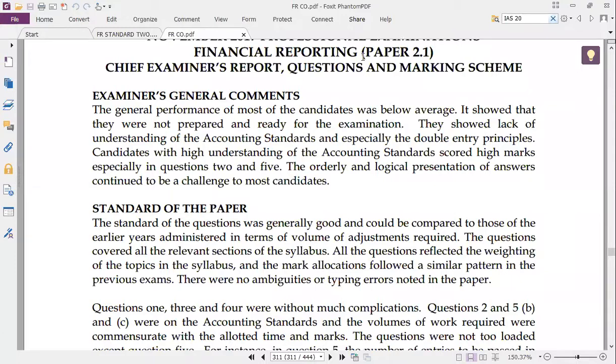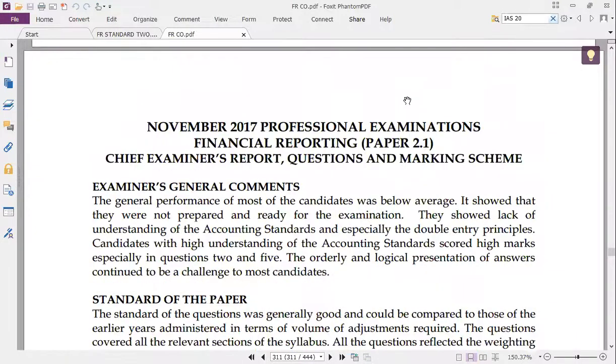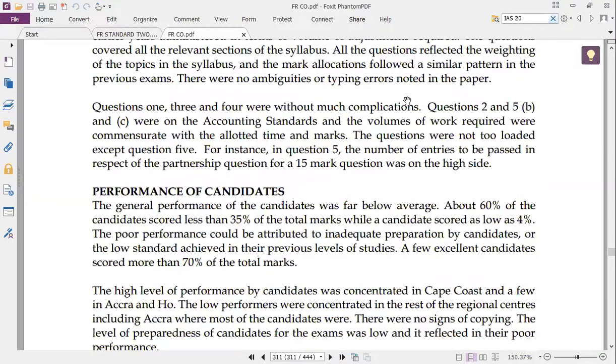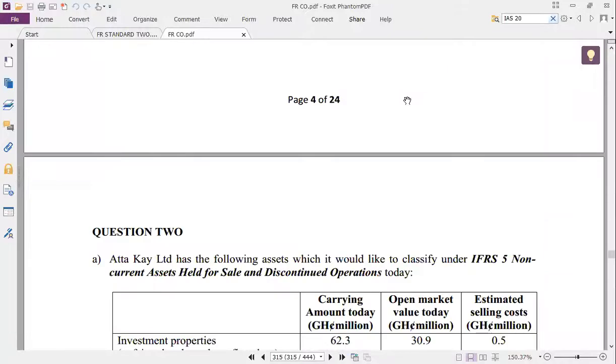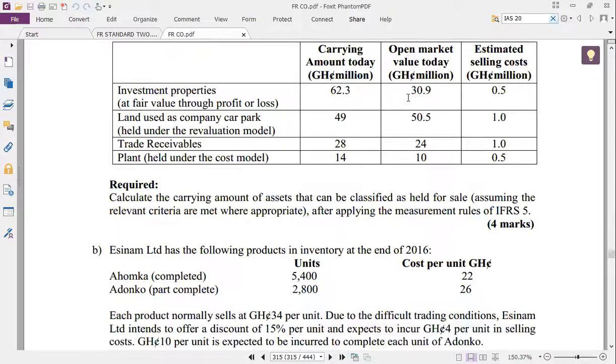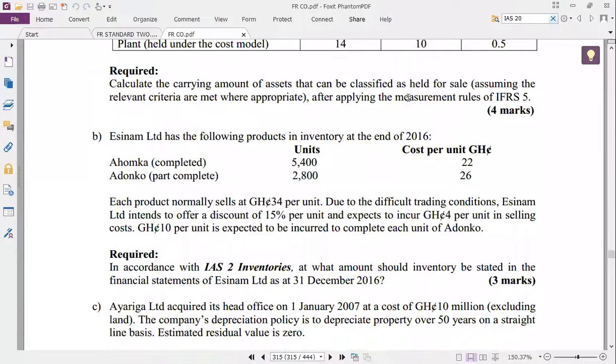Good. Now let's look at the November 2017 Bosco, question number 2. So A is on IFRS 5 held for sale. B is on inventory. This question is a homework. Okay, it's not homework. We tried it. Either it's homework or we've tried one of them.